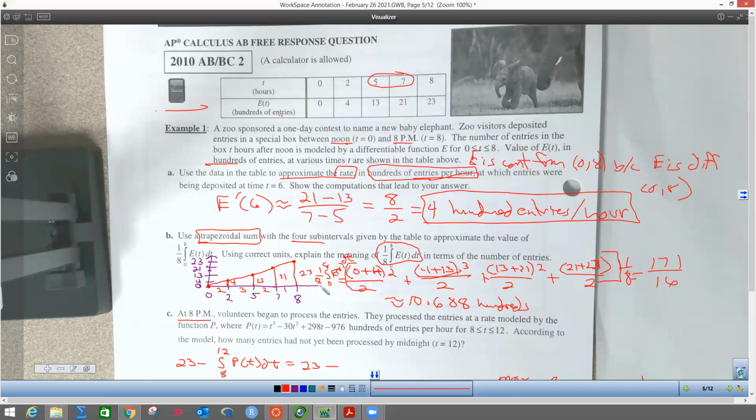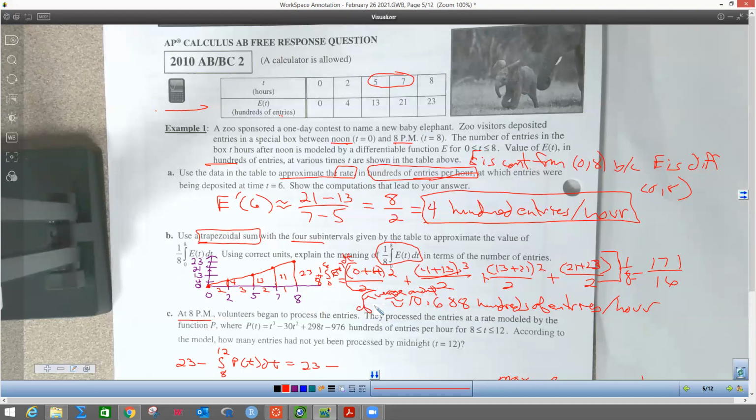So this 8 is actually hours, so it's hundreds of entries per hour. So this is the average amount of entries, because the 1/8 makes it an average.